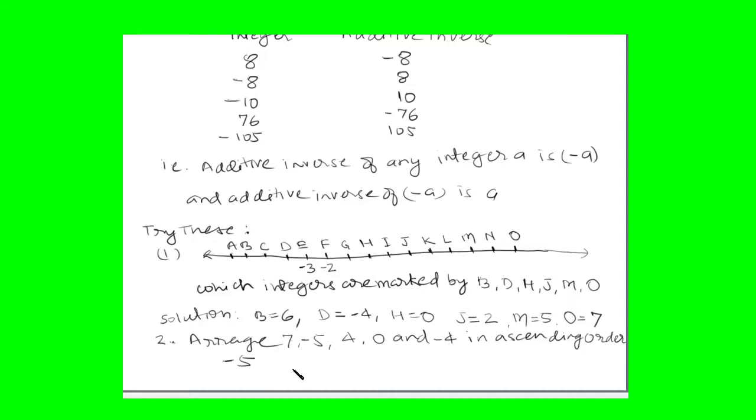Then -4 is greater than -5, 0 is greater than -4, then 4 is greater than 0, then 7 is greater than 4. So we have arranged these in ascending order: -5, -4, 0, 4 and 7.